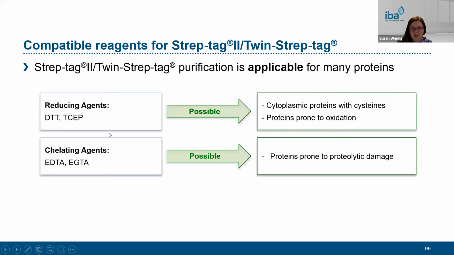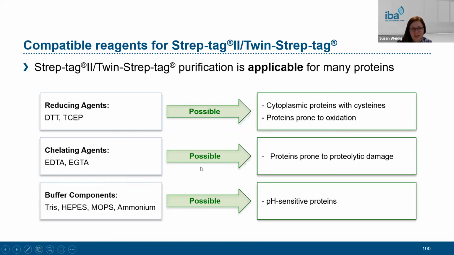And the addition of chelating agents is also possible. You can add EDTA and EGTA. And so your protein is protected from proteolytic damage. The last components I would like to mention are Tris, TAPS, MOPS, and ammonium.